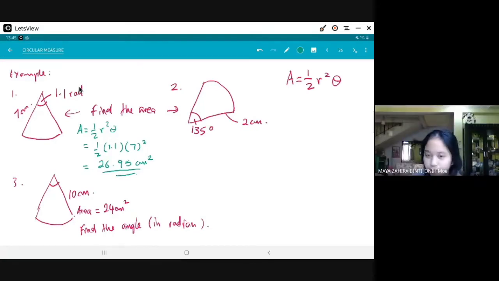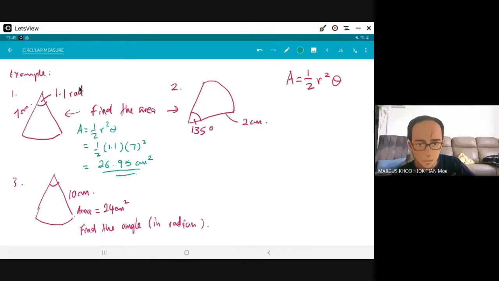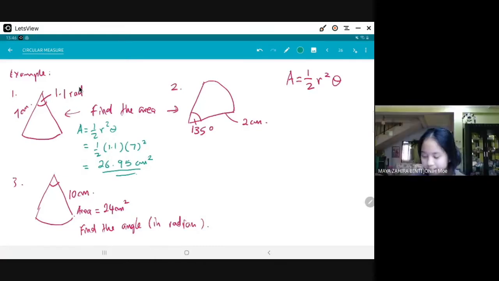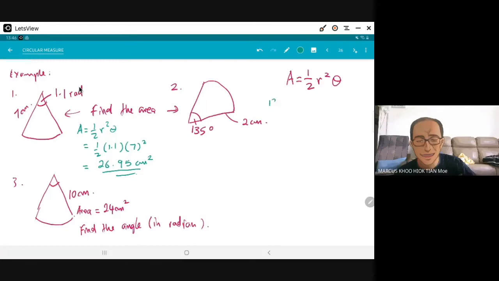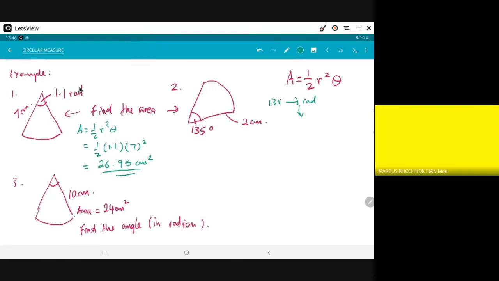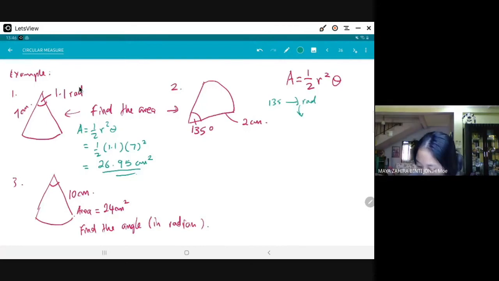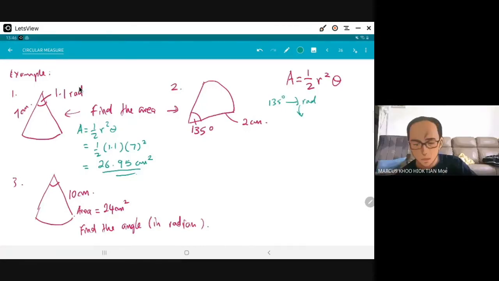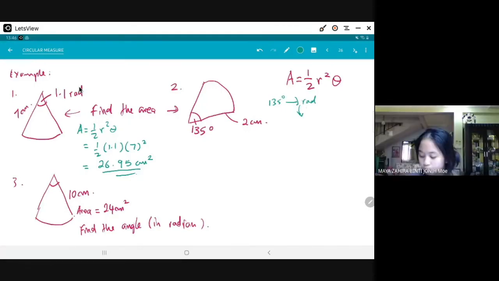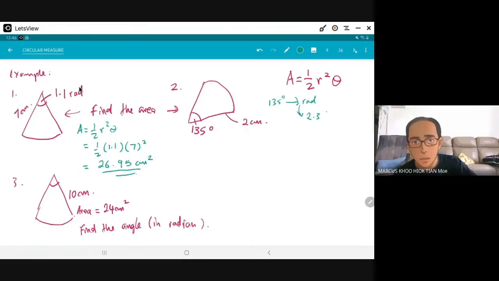Okay, number 2, Maya. Change the degree into radian. Very good. And then substitute the radian into the formula. 135 change to radian. Can you tell me the angle straight? Don't need to tell me the working. 135 degrees in radian is how much? 2.3565.